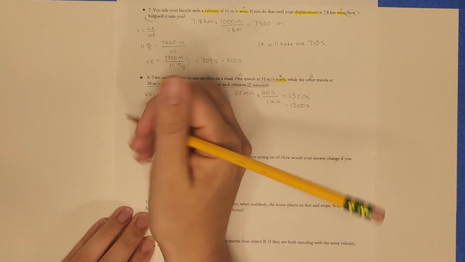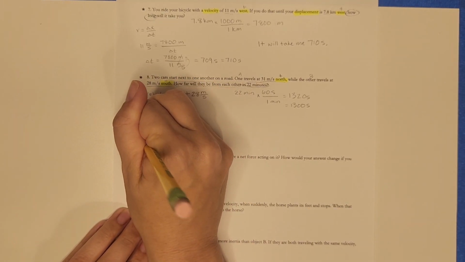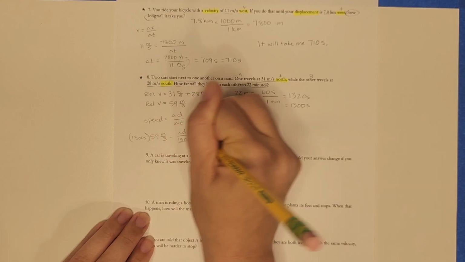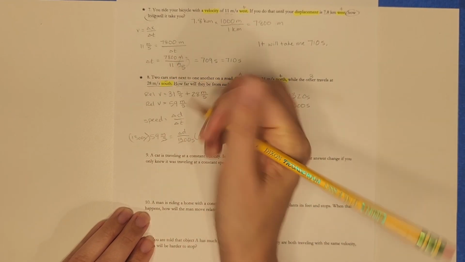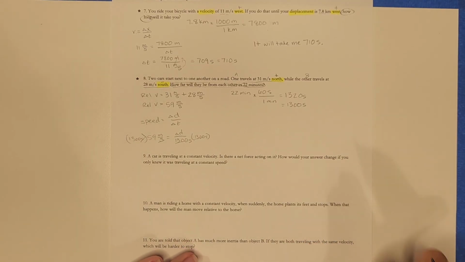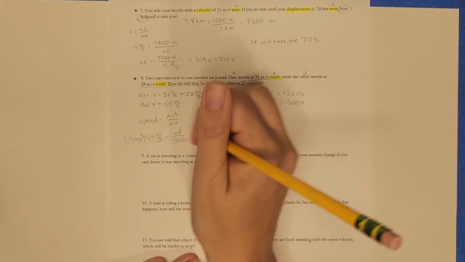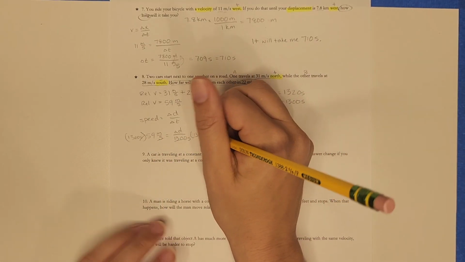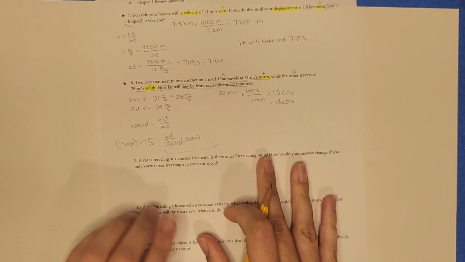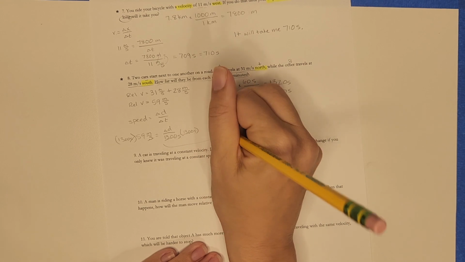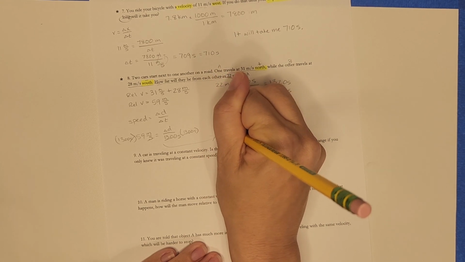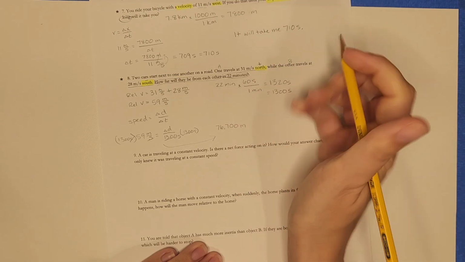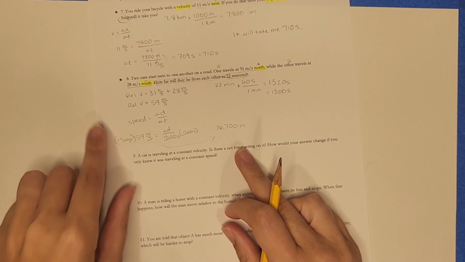Now multiply both sides by 1300 seconds. Seconds cancel, and I'm left with meters. My calculator output is 76,700 meters, but I'm going to look at my significant figures, right?